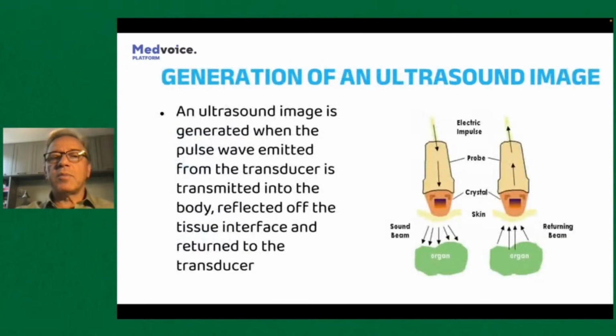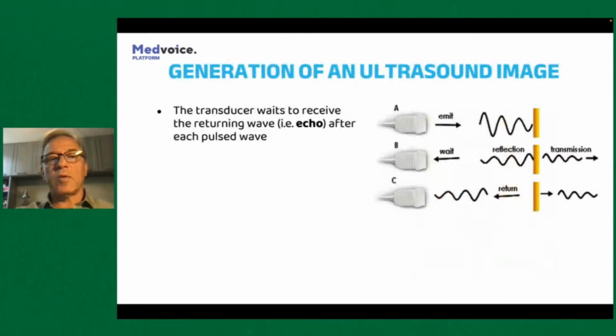How is the image generated? An ultrasound image is generated when the pulse wave emitted from the transducer hits the structure and reflects back and returns to the transducer. The transducer waits to receive the returning wave, or what we call the echo, after each pulsed wave. That's why it's called echocardiography, or echo something.